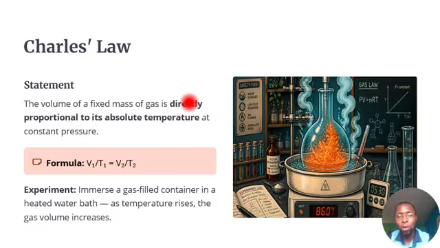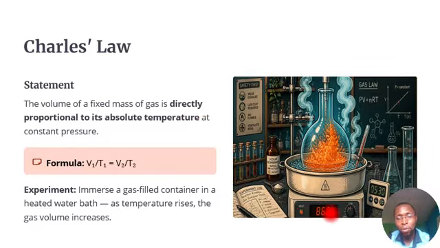So what the law is stating in simple terms is that when you increase the volume where these gases are, what that means is that the temperature must have had an effect on it. Temperature is taken as the heat.